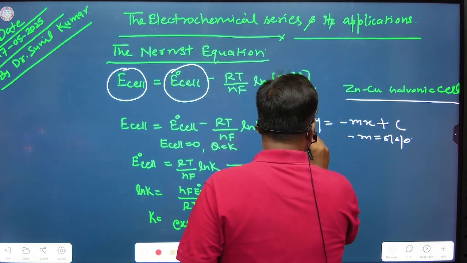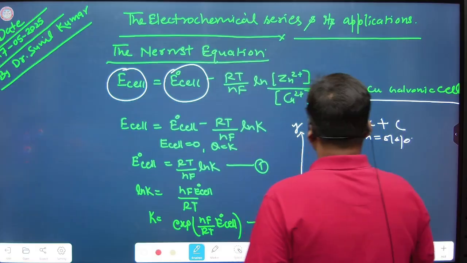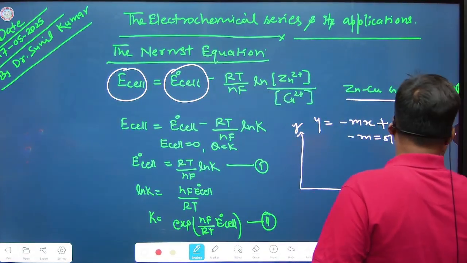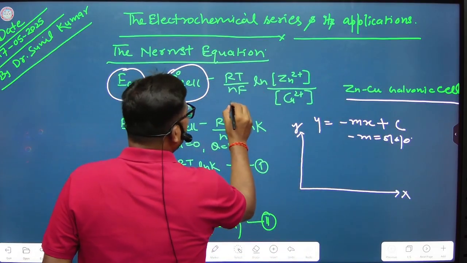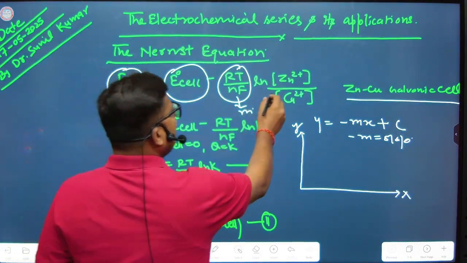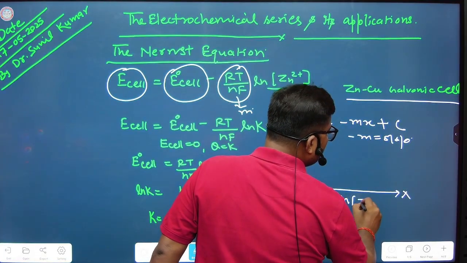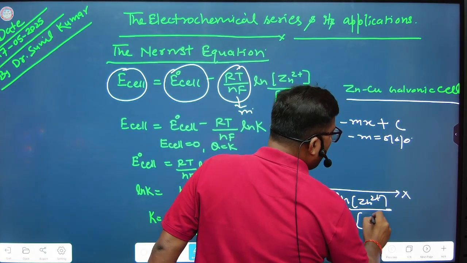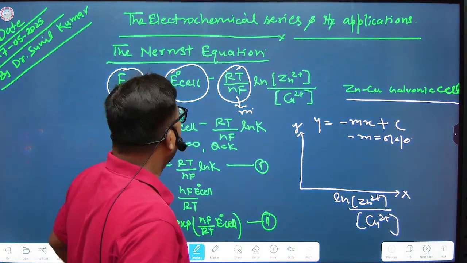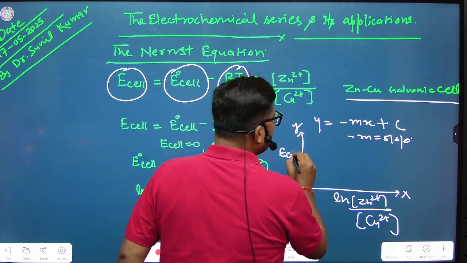So this can be treated as a linear equation. Suppose we draw the x-axis and y-axis. Here minus RT upon nF will be m, and ln of Zn2+ over Cu2+, the ratio of these two ions in natural logarithm form, is on the x-axis, and E cell will be on the y-axis.